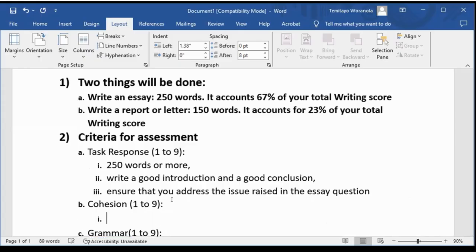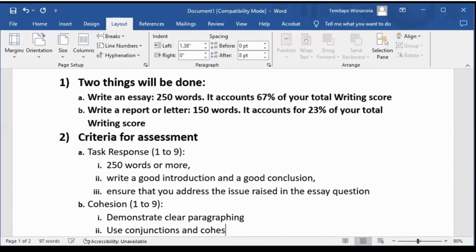Okay, now when it comes to cohesion, what are the three important things? Number one, demonstrate clear paragraphing. Number two, use conjunctions and cohesive tools appropriately.